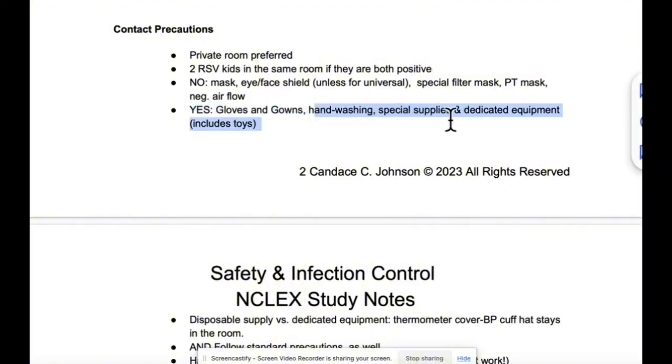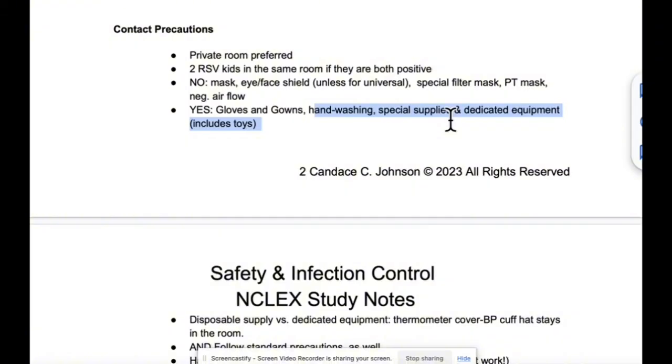And maybe we have specific supplies or dedicated equipment in those rooms. In other words, have the kids' toys, those kids with RSV, leave the toys in their room. Don't take them in and out for others to play with, and disinfect them before having them be used by other patients or other family members, that type of thing.